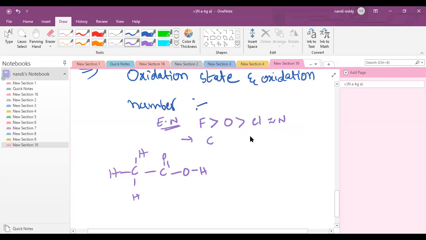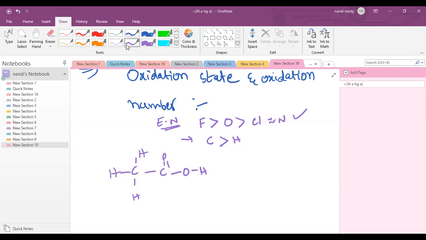These are the top priority; always these can show negative character. With respect to these, comparatively we can check. And compared to hydrogen and carbon, these are the highest electronegative atoms. Is it clear?